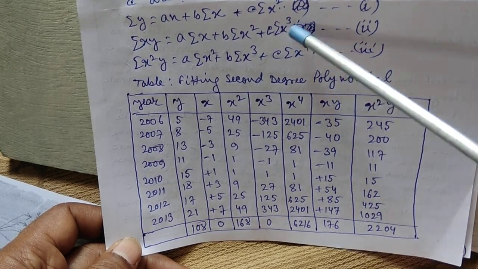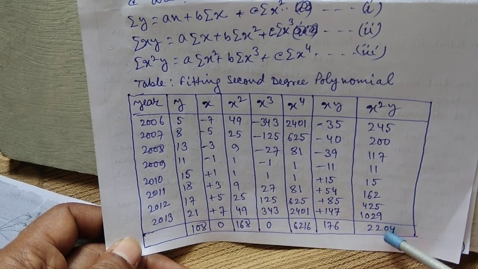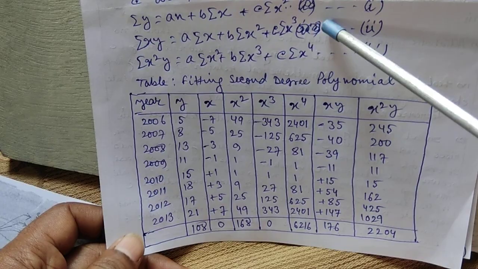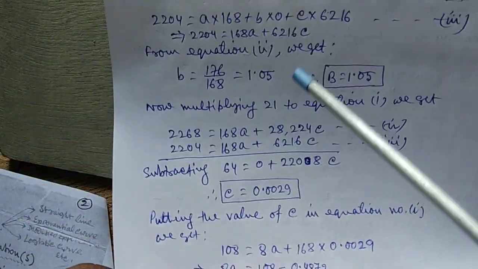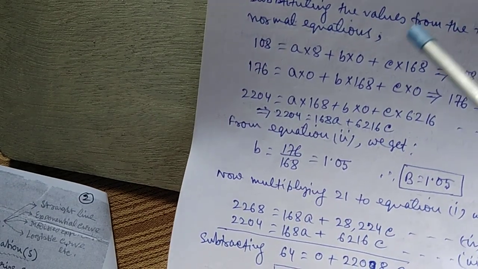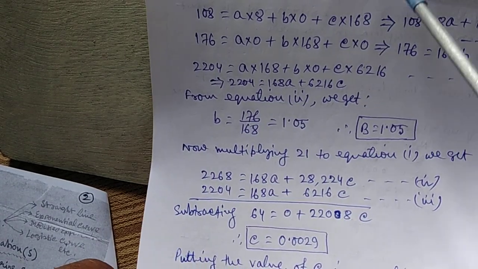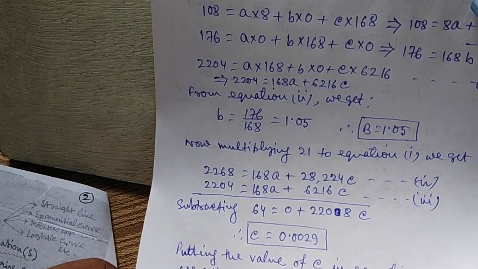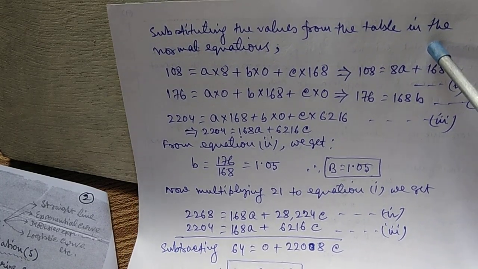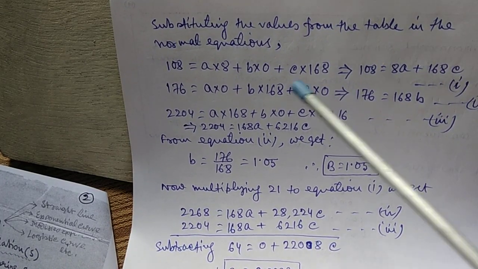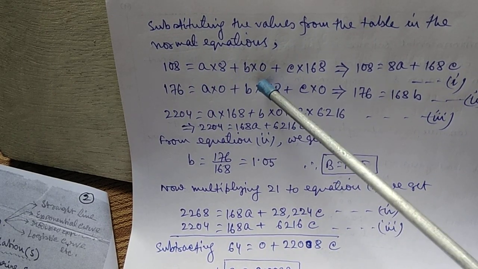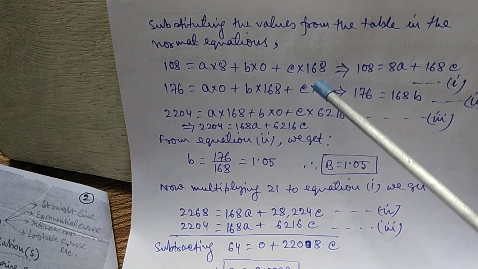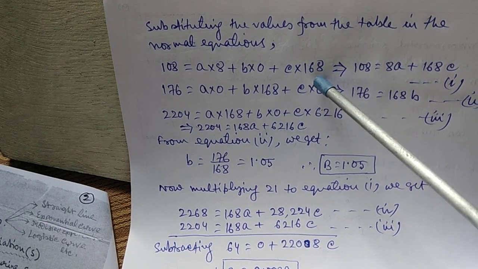Now we have to put the values from here in these equations. Substituting the values from the table in the normal equations, we get 108 equals a into 8 plus b into 0 plus c into 168.